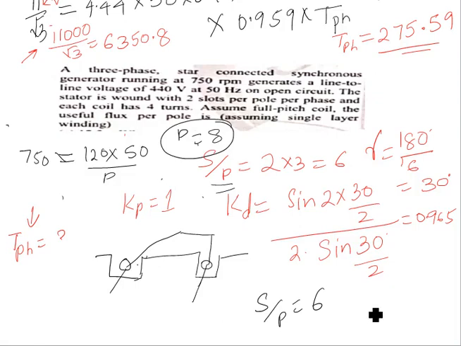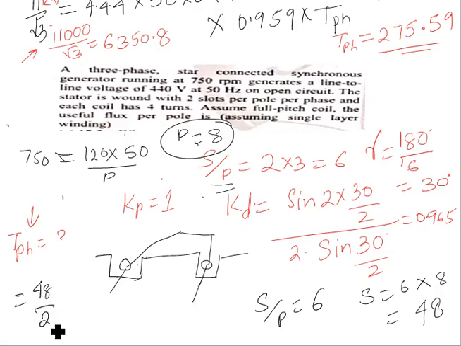So how many slots are there? Slots will be 6 into 8, that is 48. So the number of slots is 48, but two slots make one turn. So how many turns will there be? Two slots make one turn. So 48 divided by 2.